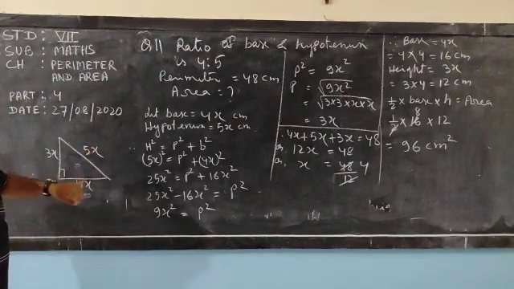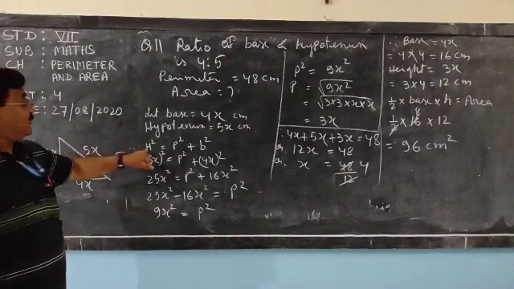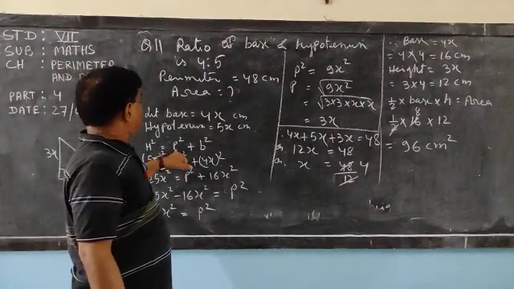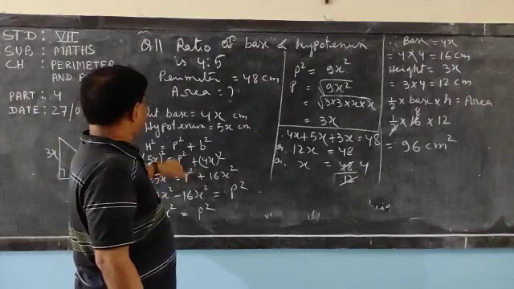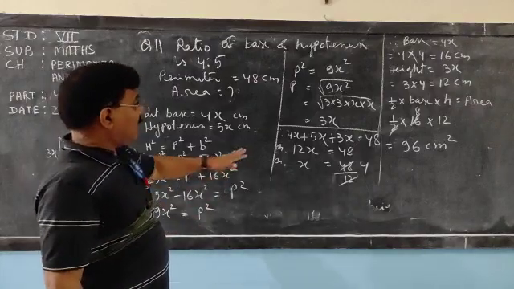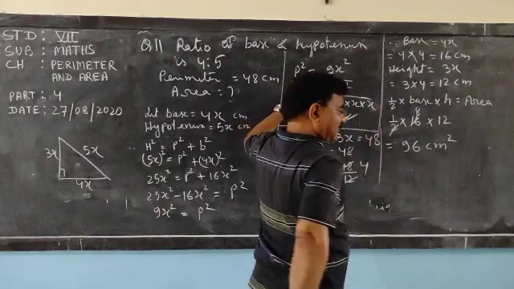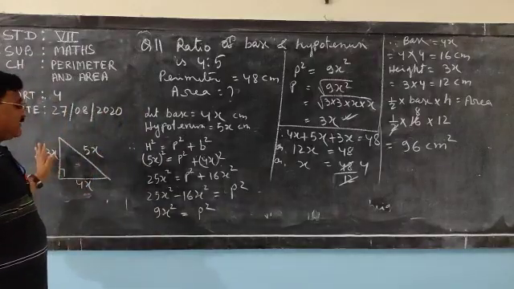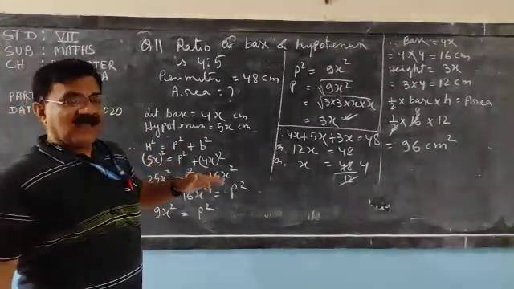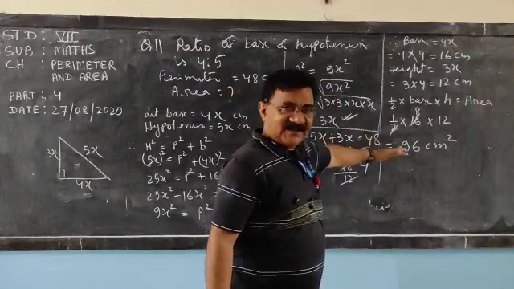Now, if hypotenuse and base is given, by Pythagoras theorem, we can find the height. Hypotenuse square is equal to perpendicular square plus base square. Hypotenuse is 5x, and this way we got that perpendicular is 3x. When we got all the sides 4x, 5x and 3x, and perimeter is given, means their sum is 48.